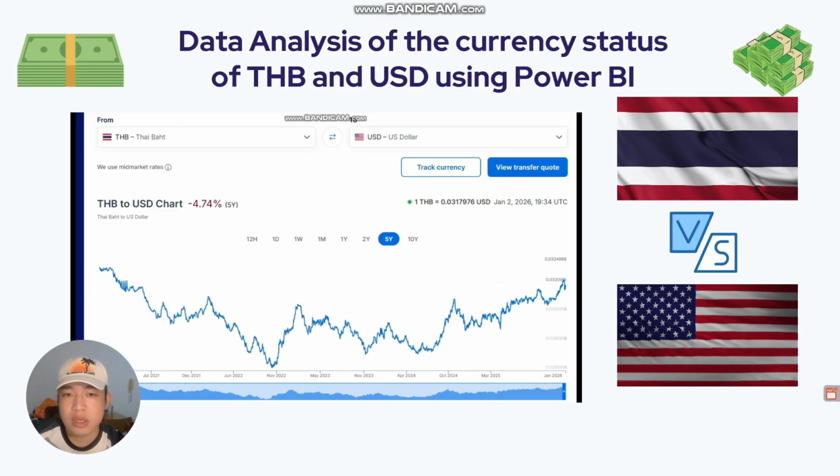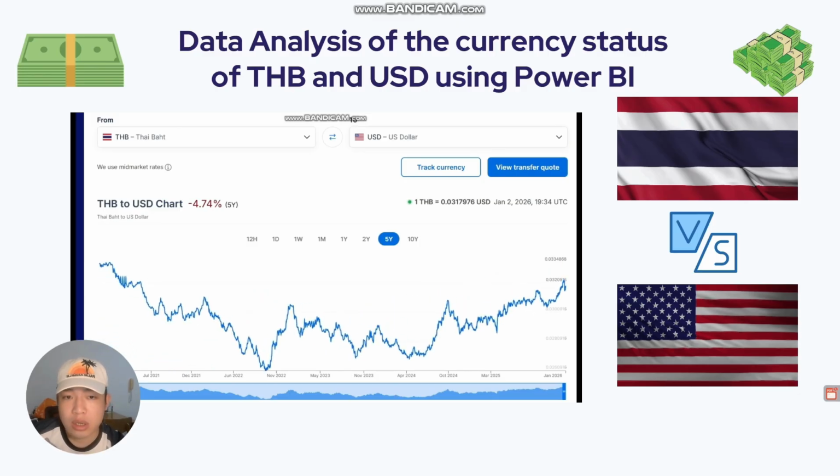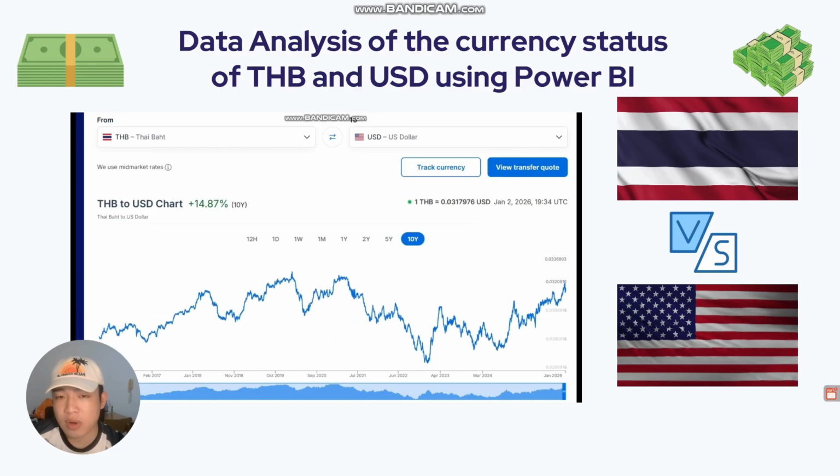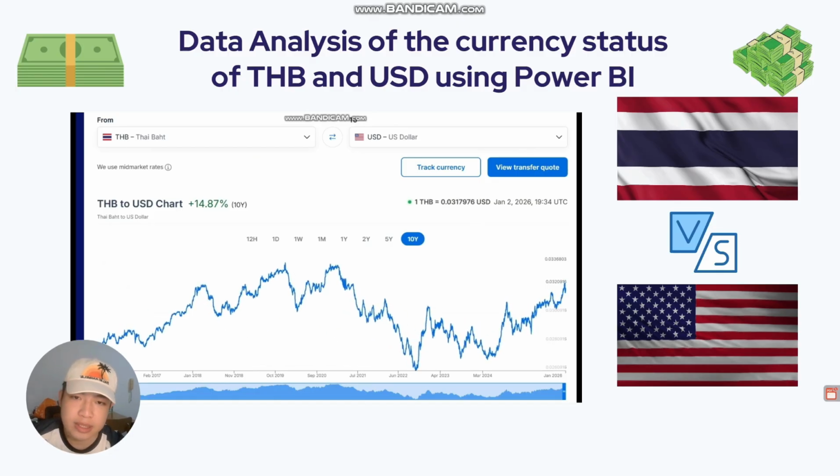However, from the perspective of volatility, the differences are quite obvious. Whether it is the variation between the maximum and the minimum, or the standard deviation, the volatility of USD is significantly greater than that of THB, indicating that the US dollar faces higher exchange rate uncertainty.